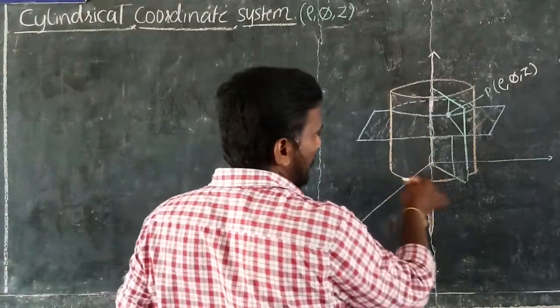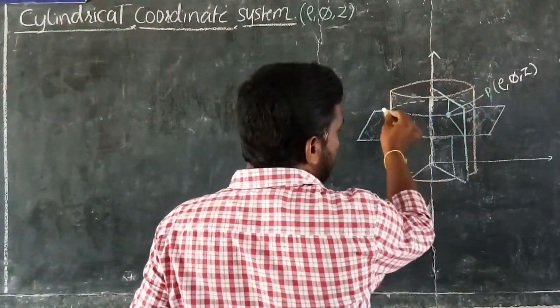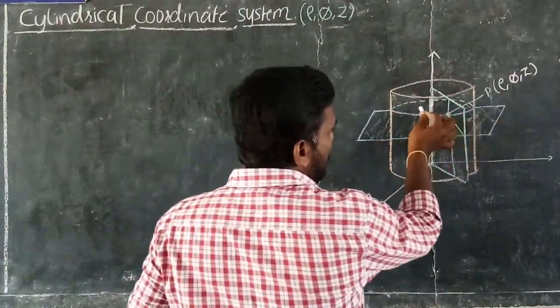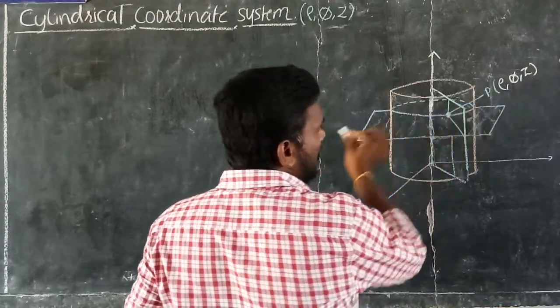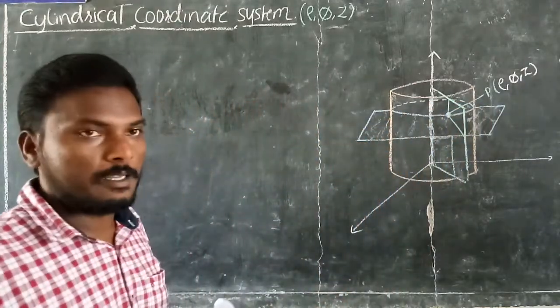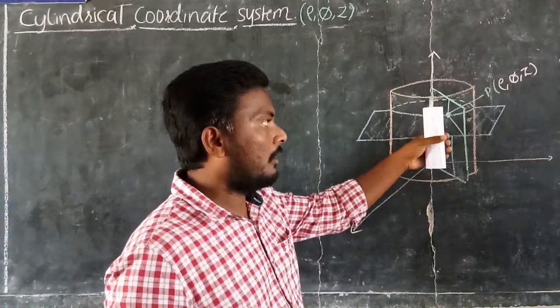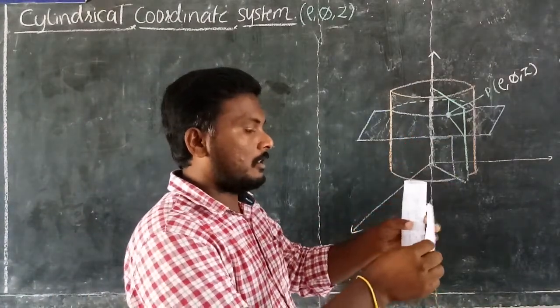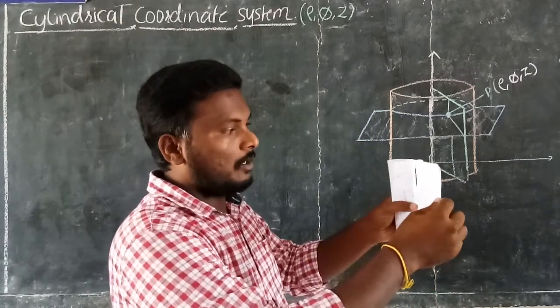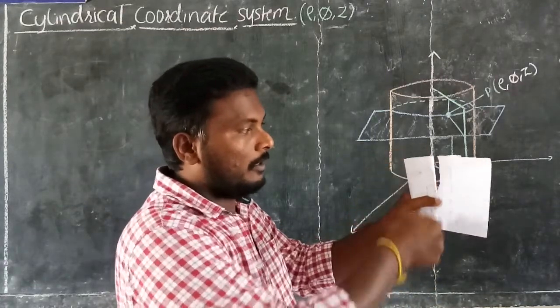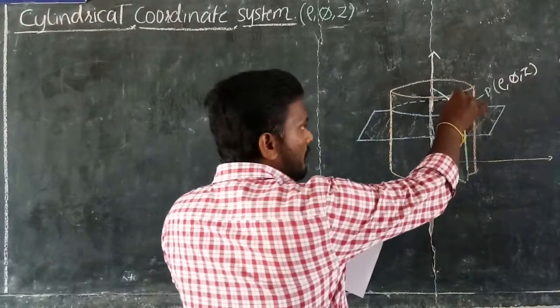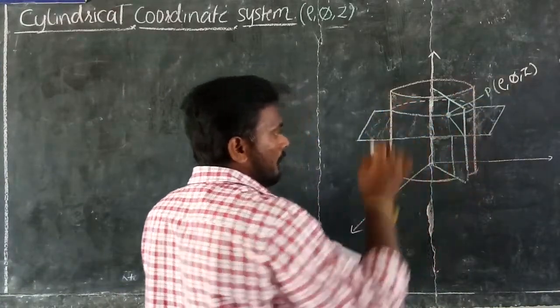This is my cylinder and I am inserting a constant z plane like this. So this is the common portion which is forming here. What is the common portion? A circle. Similarly, if you intersect a cylinder and a half plane like this, what is the common portion which is going to be formed here? It is a straight line. See, this one is a straight line.